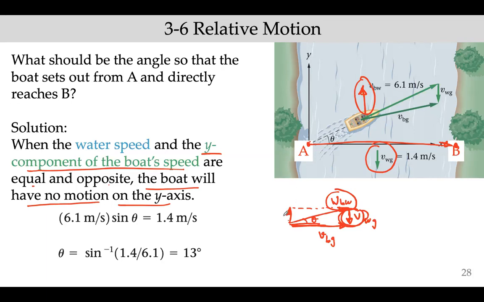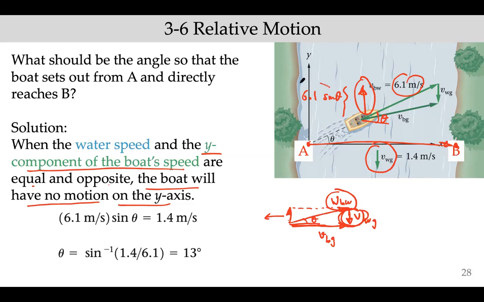Okay, now what is this? This one is, so this was 6.1, the vector is 6.1, and this component would be 6.1 times, okay, so this is theta. Now this part is opposite, right? So I have to use sine. So 6.1 sine theta.